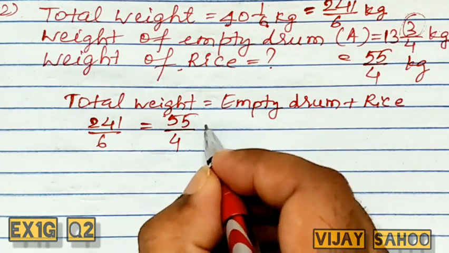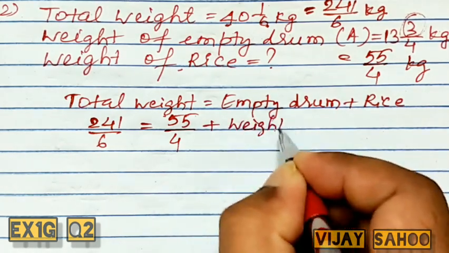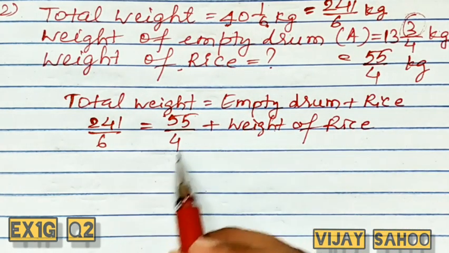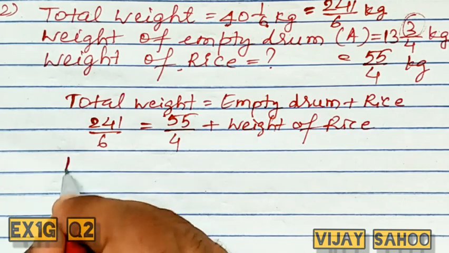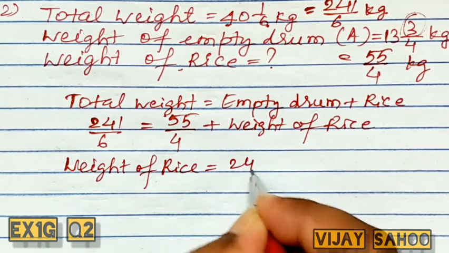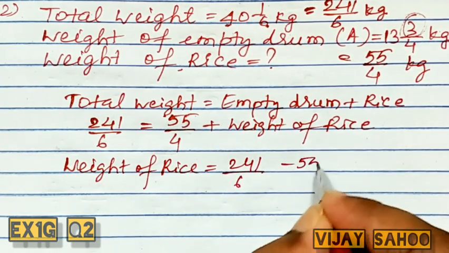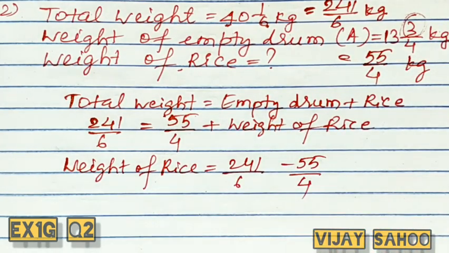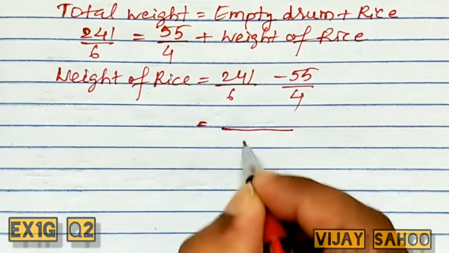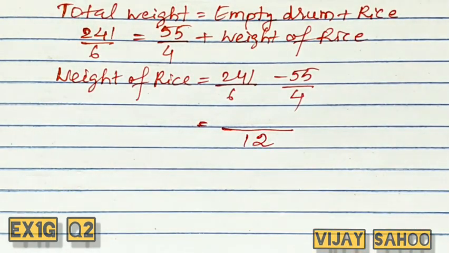What do we have to find? We have to find the weight of rice. Clear? Now we'll shift this term to the left hand side. Weight of rice is 241 by 6 minus 55 by 4. Now we are going to take the LCM, and from that we'll solve it and convert it, and that will be the final answer. LCM is 12.